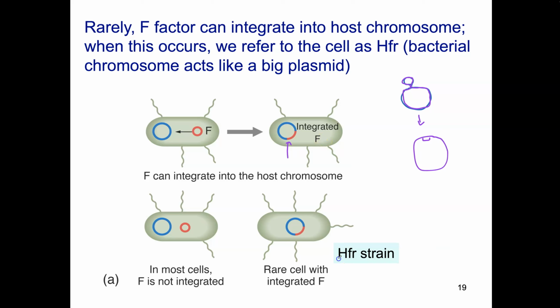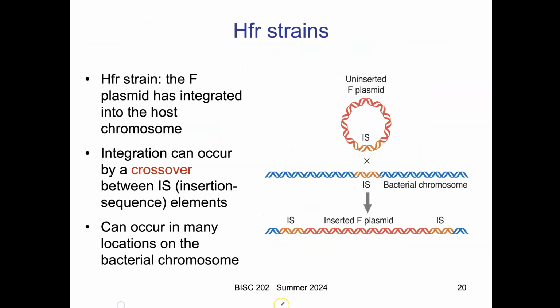And so it's referred to as high frequency recombination strain, because this is a case where you can actually see transfer of the chromosomal genes, the bacterial chromosomal genes, from a donor cell into a recipient, instead of just the DNA that's on plasmids. And there's a few strains like this.